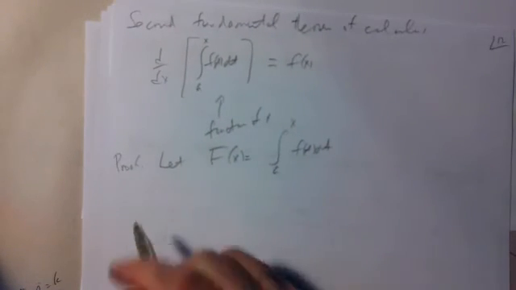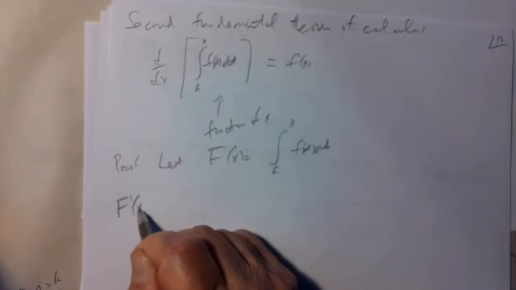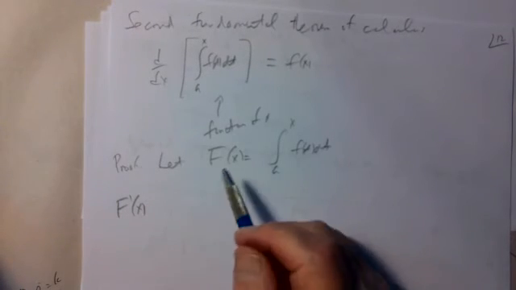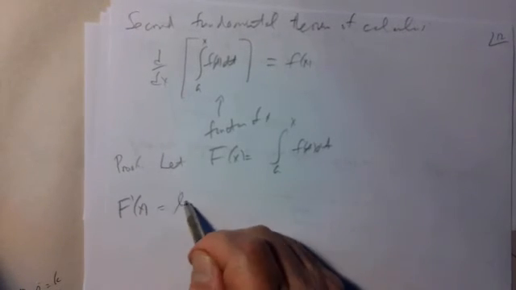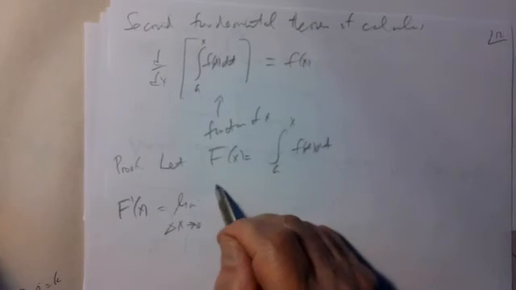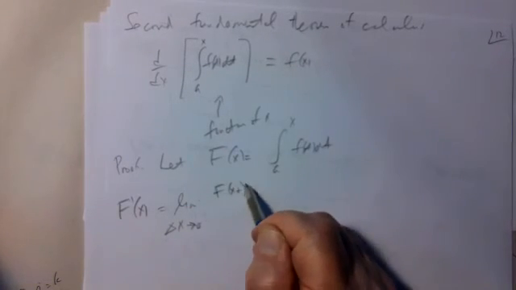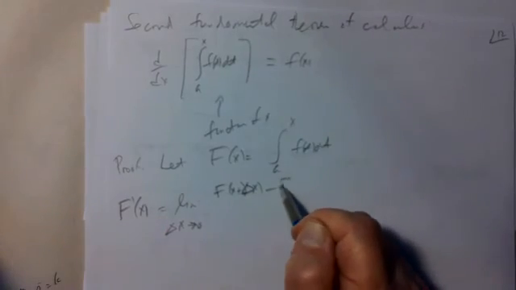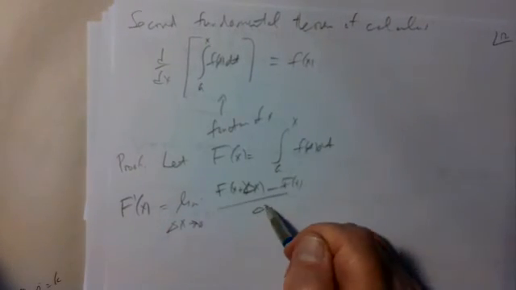Then if you go back to the very beginning of Calc 1, what's the definition of the derivative of a function? It's the limit as delta x goes to 0 of F of x plus delta x minus F of x over delta x.